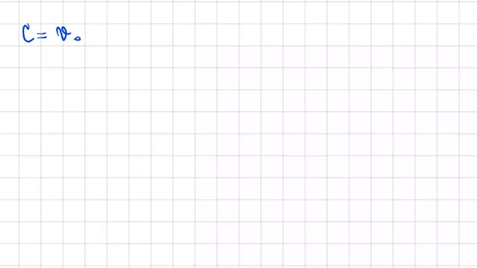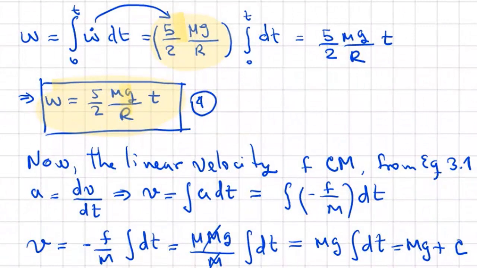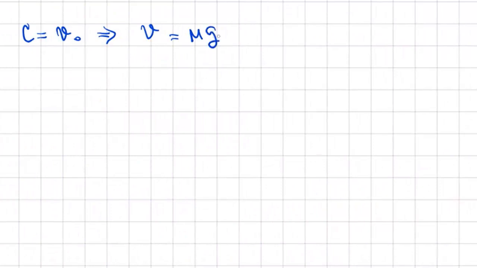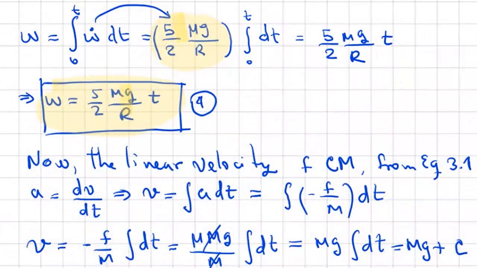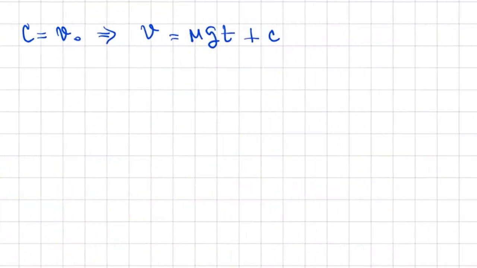So we get v equal to mu g t plus c. Remember, I forgot to write the minus sign here, because this is minus.